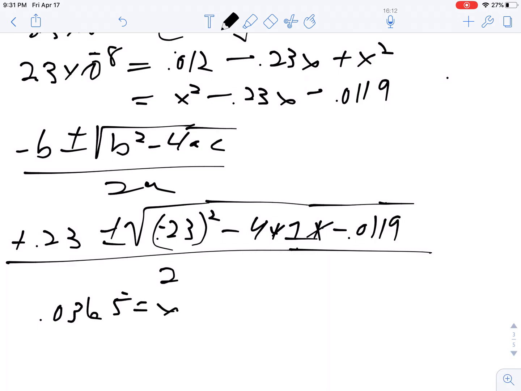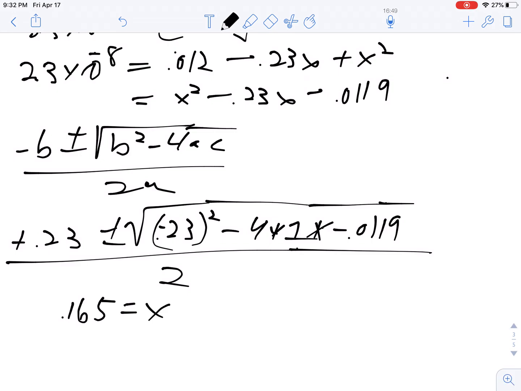And the other possible answer, whoops, no, I goofed that up. Okay, here's one possible answer I got for x.